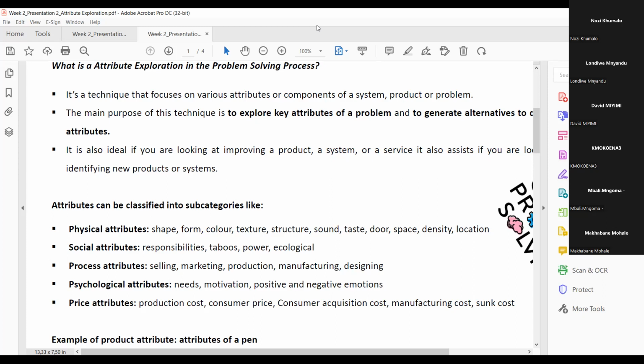I'm looking at the psychological one because of motivation. There's clearly a motivation that made us all come and register for the course. Definitely a need. But at the same time, there's responsibilities. Interesting.